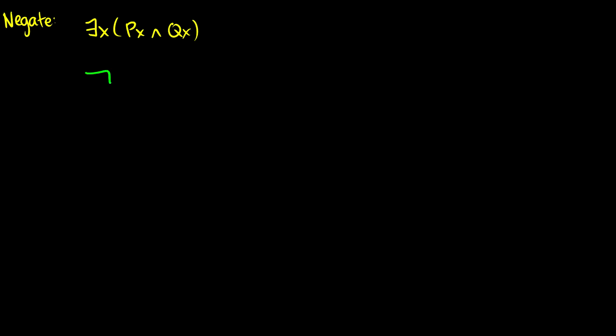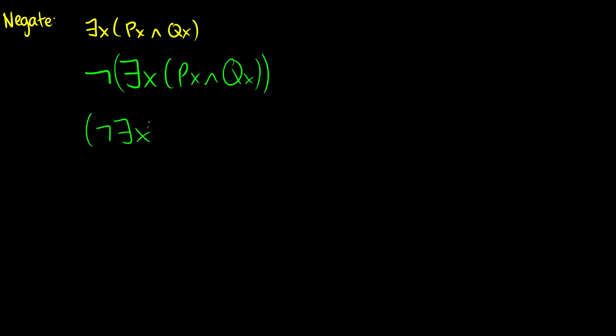So, negate: there exists an x such that p of x and q of x. First thing we do is we put that negation next to the quantifier. So first step, we want not exists x, p of x and q of x.